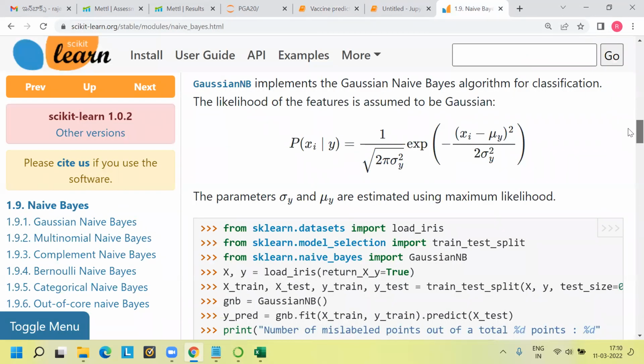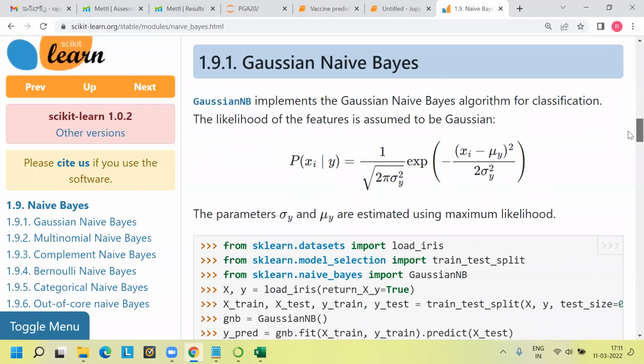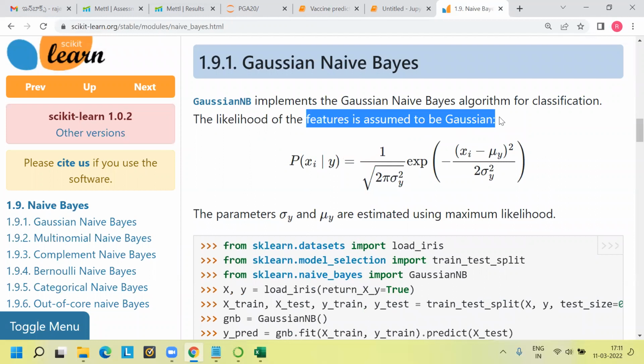We can't use Gaussian naive Bayes because Gaussian naive Bayes assumes that the features are Gaussian. Features means variables. Features is the term used for variables. Which variables? Independent variables. If our independent variables are normally distributed, then we can do Gaussian naive Bayes.